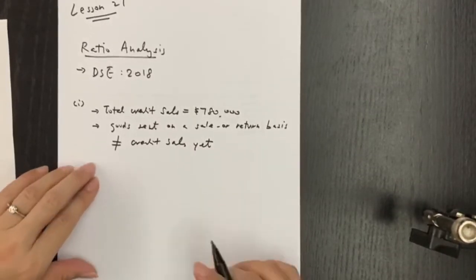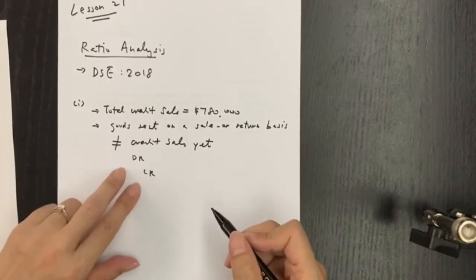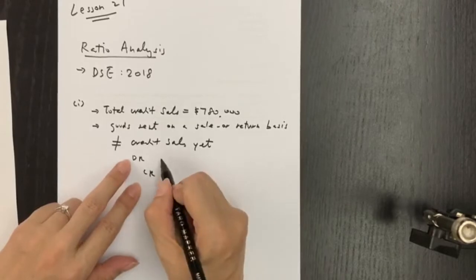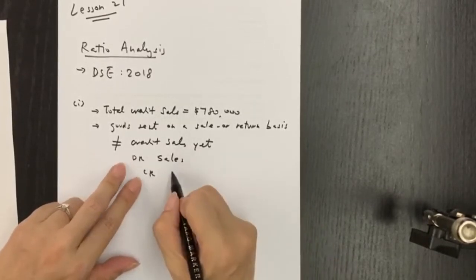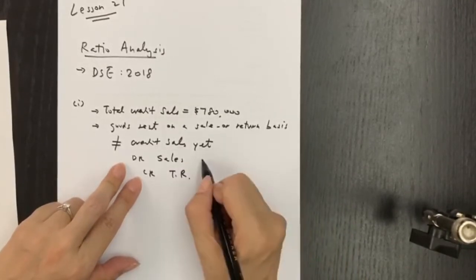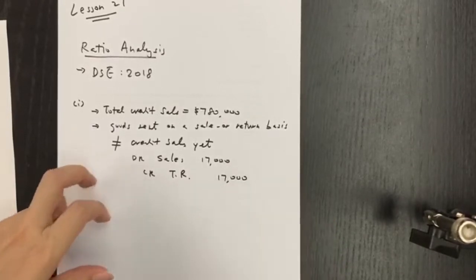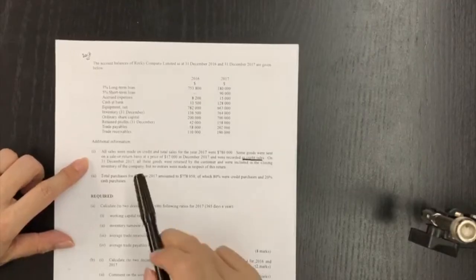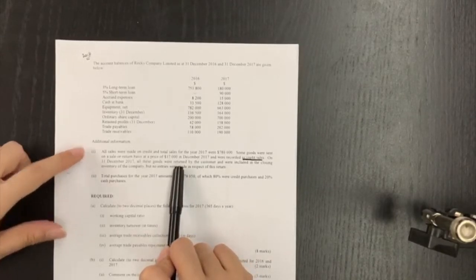So what is the double entry to correct the mistake? We have to reverse the double entry for sales. The double entry will be: debit sales, and credit trade receivable by the amounts, which is 17,000 and 17,000. So after the analysis here, we have sales being overstated.